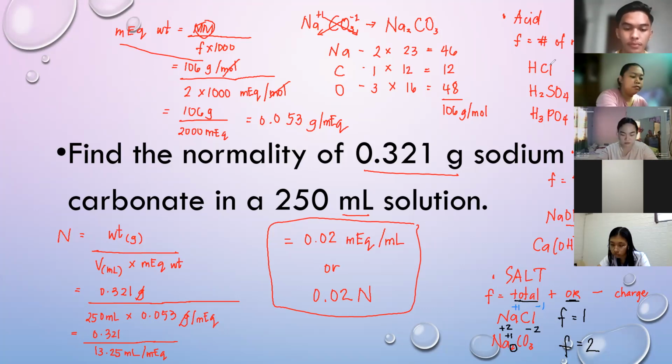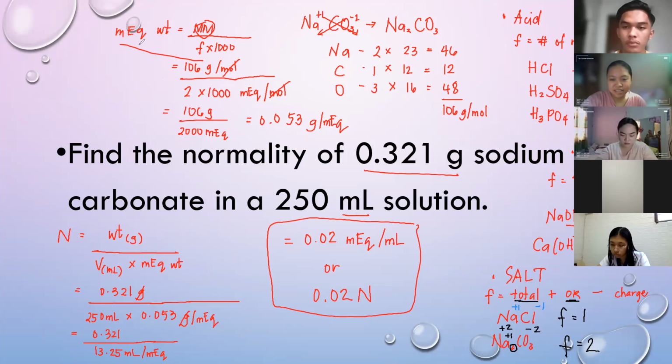You have to determine first whether the substance is an acid, a base, or a salt. If acid yan siya, the F is, bilangin nyo lang yung number of hydrogen. Pag base, you have to determine the number of hydroxide. Pero kung salt, either the positive or the negative charge. Okay?